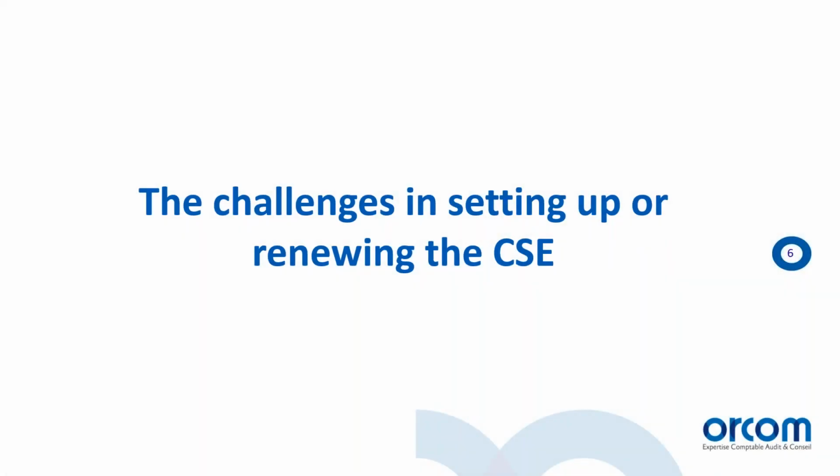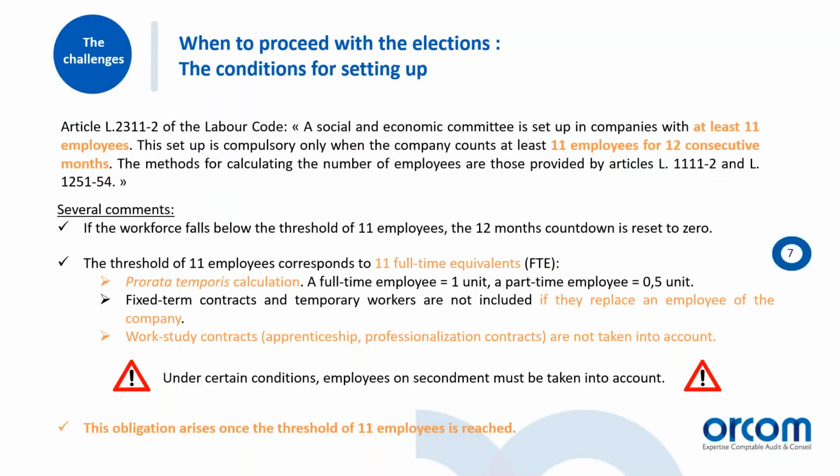So, the challenges in setting up or renewing the CSE. Here we are going to explain the conditions in which you have to set up the CSE. The first question is when to proceed with the elections and what are the conditions for setting them up.